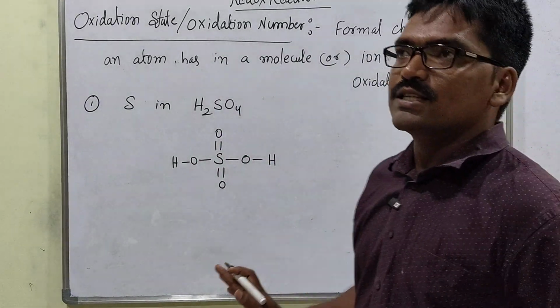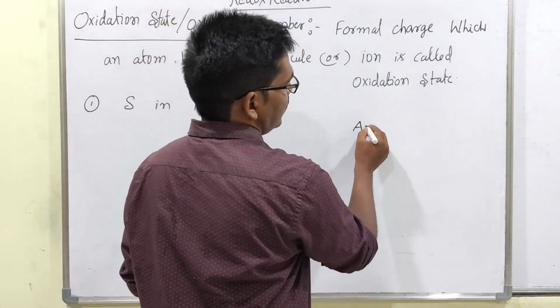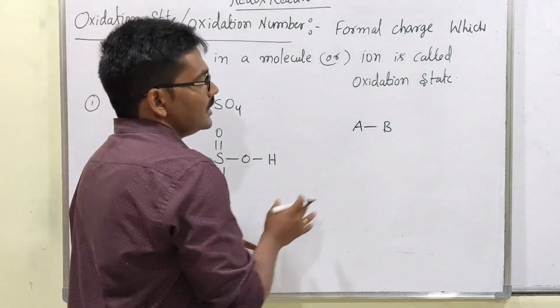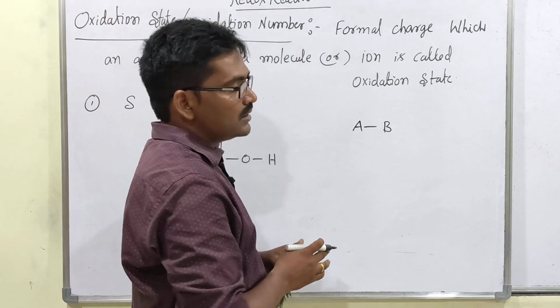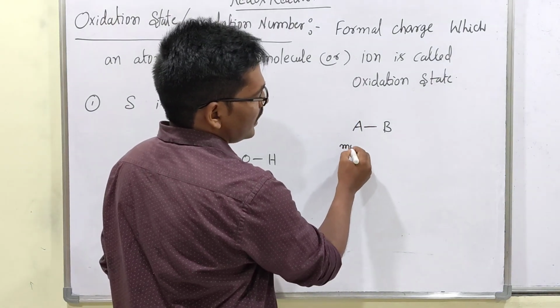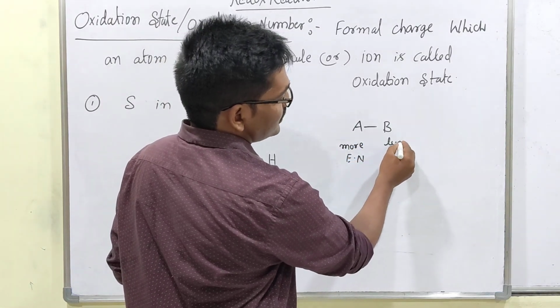I will tell you one example. In case one of the molecules like AB is there, A bonded to B, in between A and B a covalent bond is there. So this is the more electronegative atom, and this is the less electronegative atom.